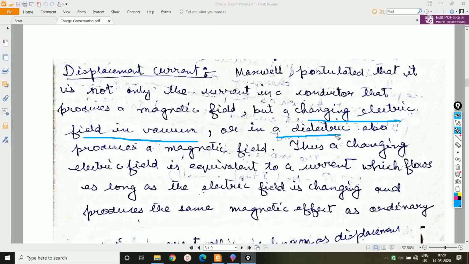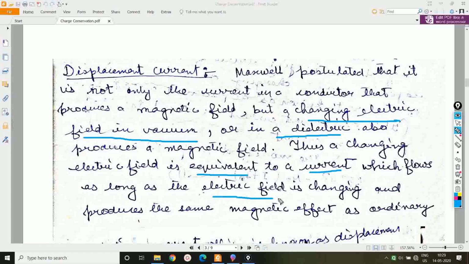So he told that a changing electric field in vacuum or even in a dielectric could also produce a magnetic field.